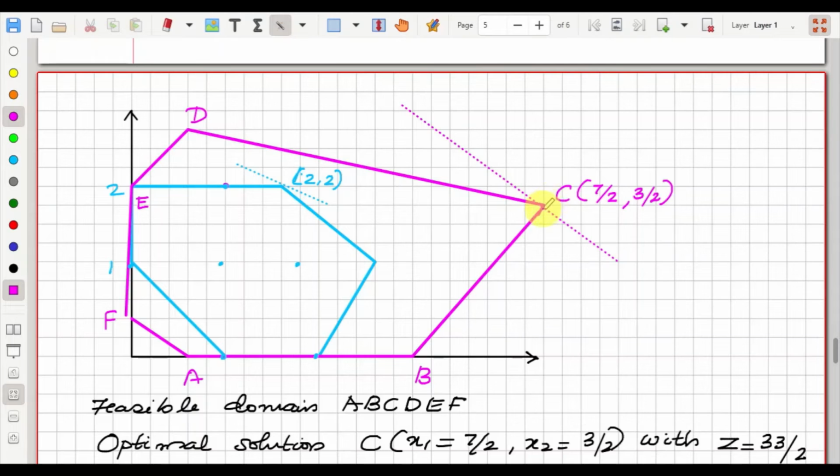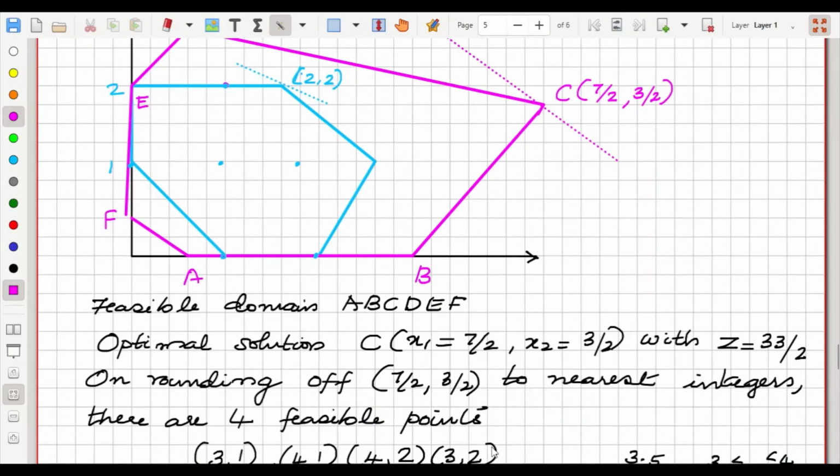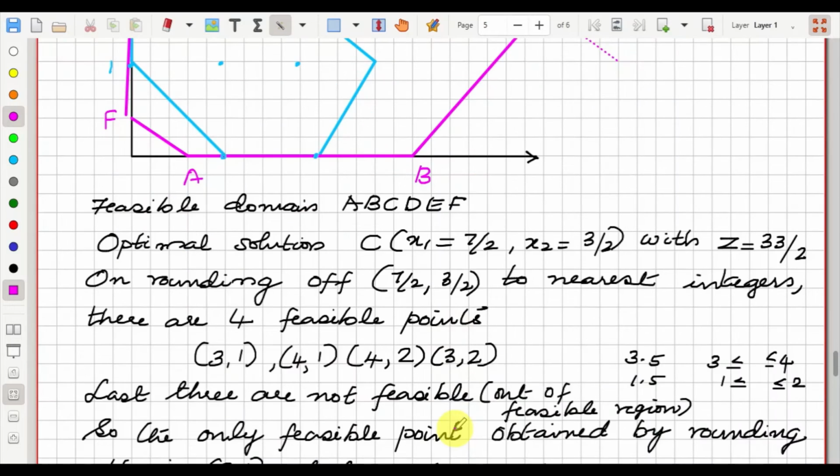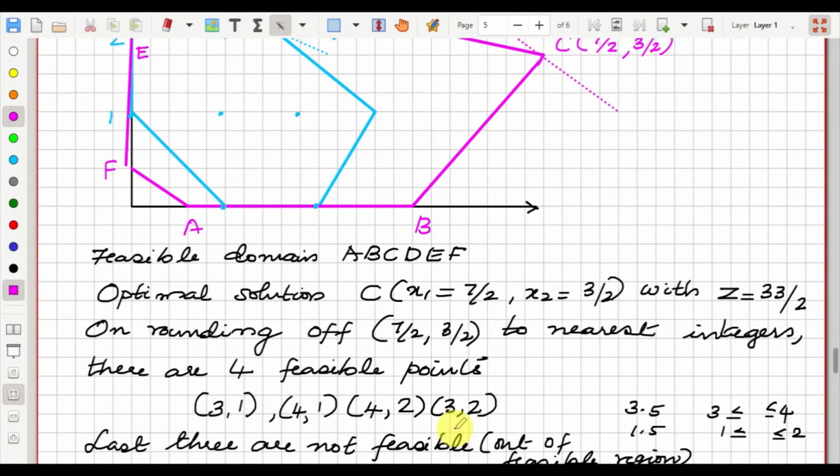C is the optimal solution: x1 equal to 7 by 2 and x2 equal to 3 by 2 with z equal to 33 by 2. On rounding off, we will get 7 by 2, 3 by 2 to nearest integers. There are 4 feasible points on rounding off.